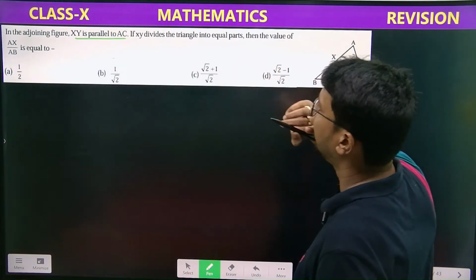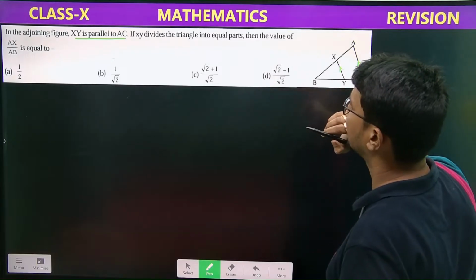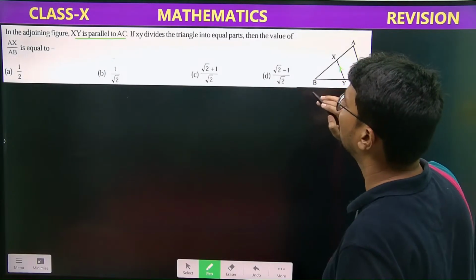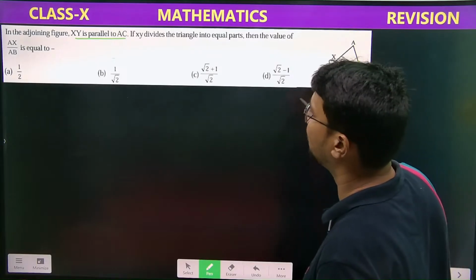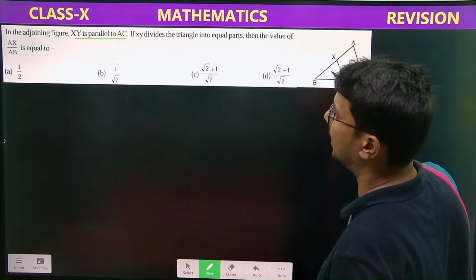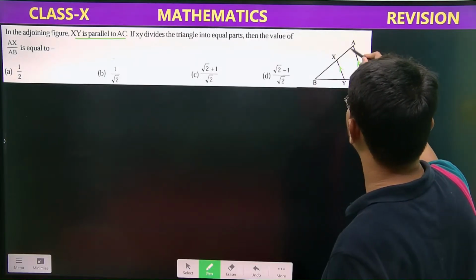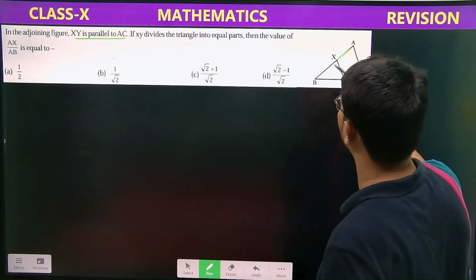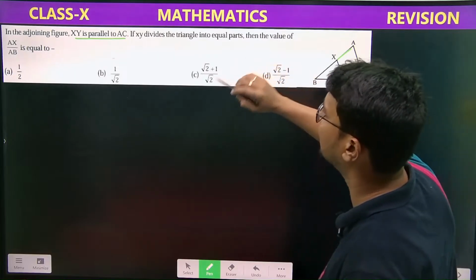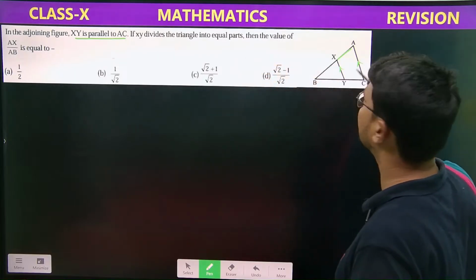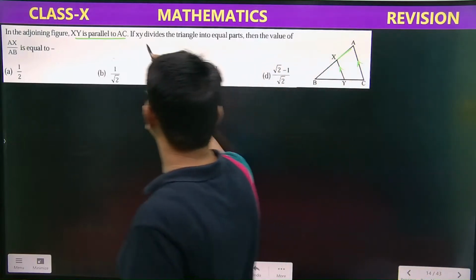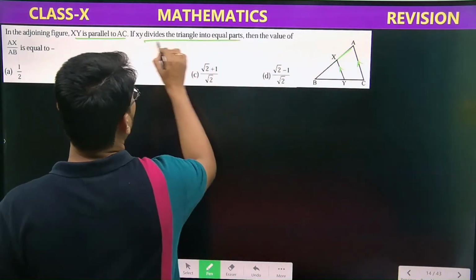If XY divides the triangle into two equal parts, then find the value of AX by AB. Which one is AX? Check karo. AX by AB is asked. XY divides the triangle into two equal parts.